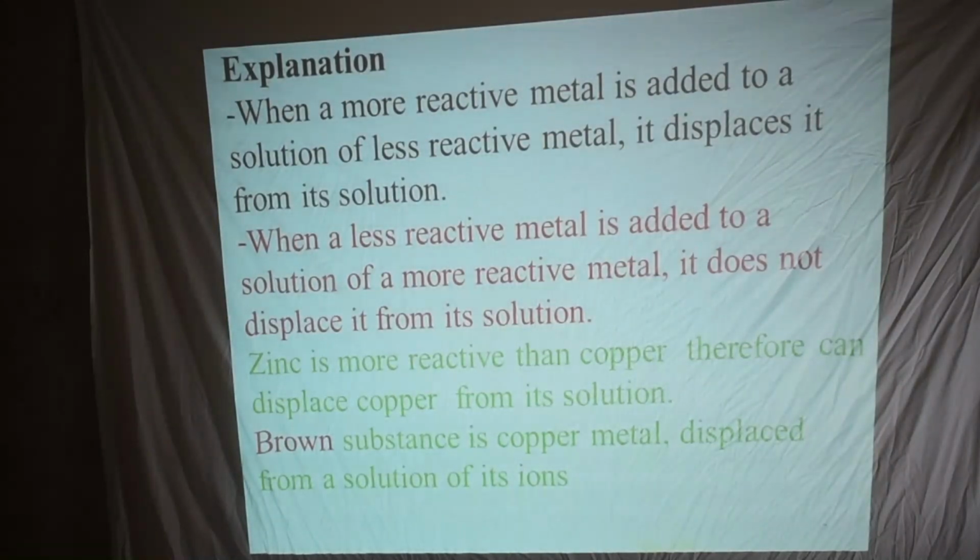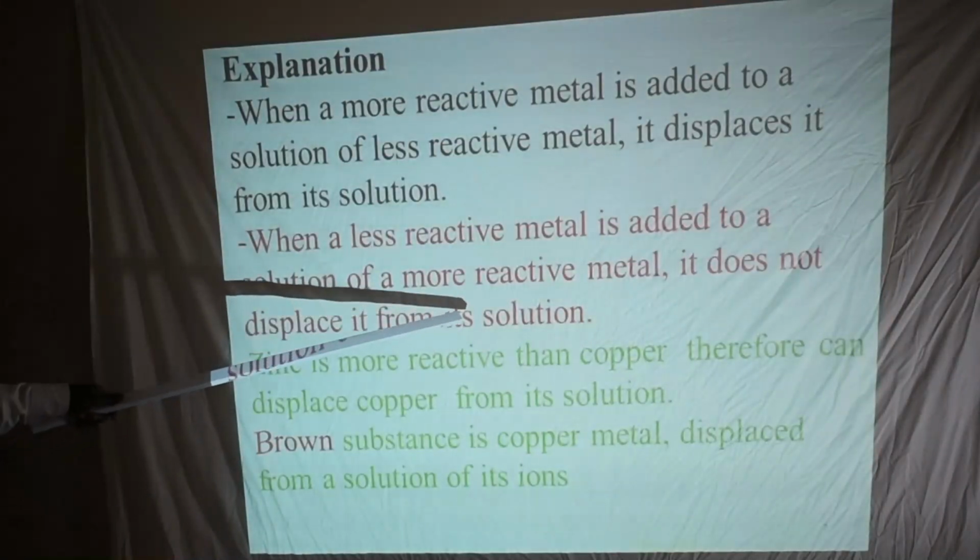When we visit the reactivity series from Form 1, you will find that zinc is more reactive than copper, and therefore copper can be displaced by zinc. And when a less reactive metal is added to a solution of a more reactive metal, it does not displace it from the solution.